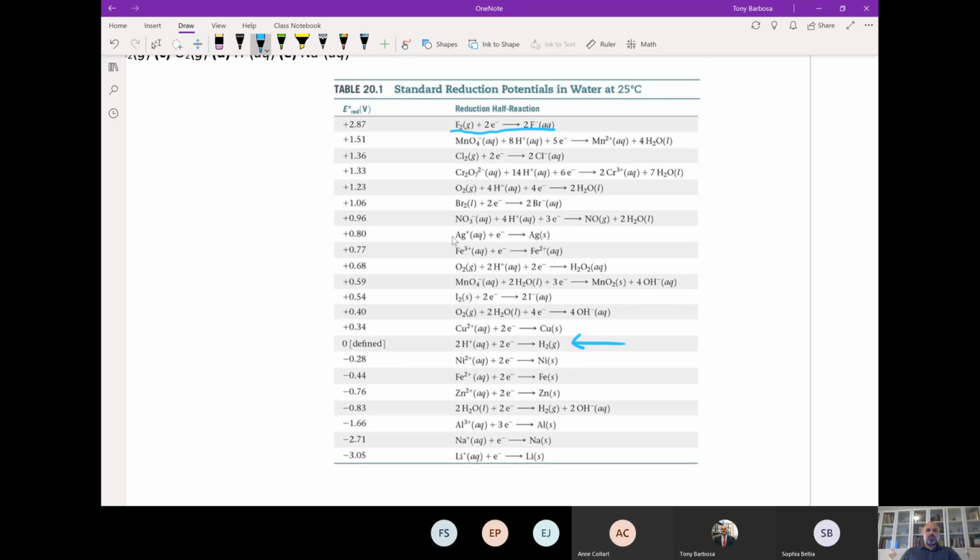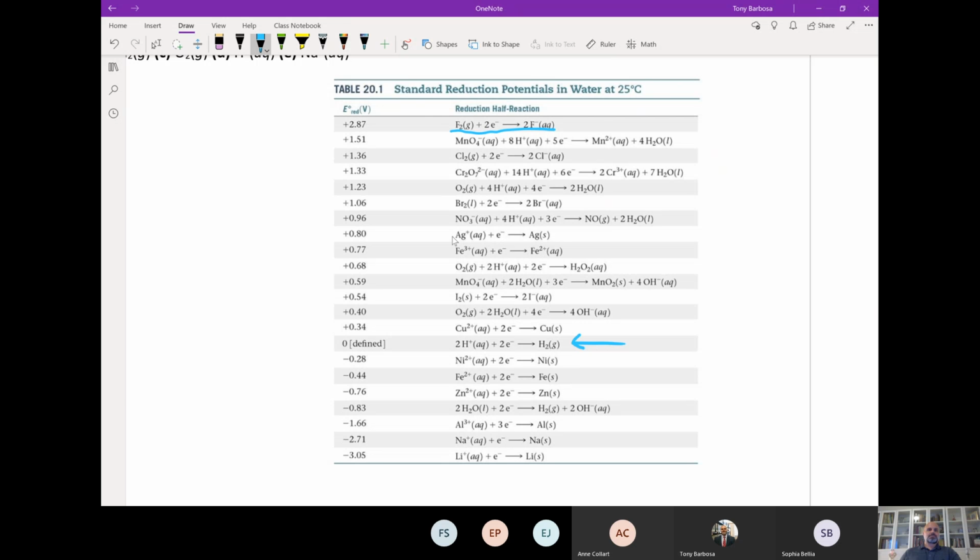And as you move down the table, as your number gets more and more negative, just moving from the first line to the second line, you're getting more negative, even though it's still a positive number. But as you're moving down, the reduction reaction ends up less favorable.